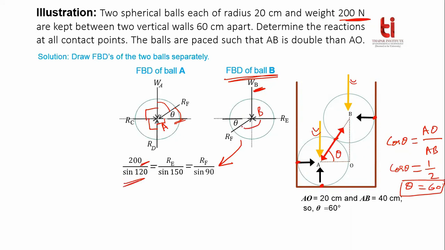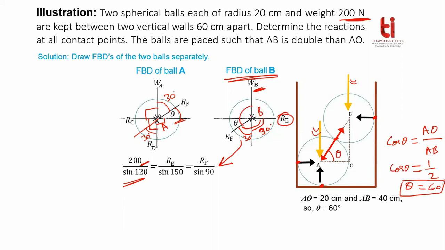This is 90 degree, and what will be this angle? 30 degree. ओके, ये हो जाएगा आपका 30 डिग्री. सो दिस एंगल विल आल्सो बी 30 डिग्री, सो यहाँ पे अपने को मिल गया 30 डिग्री. सो दिस होल एंगल इज 120. सो WB divided by sin 120 is equal to RE force divided by which angle?